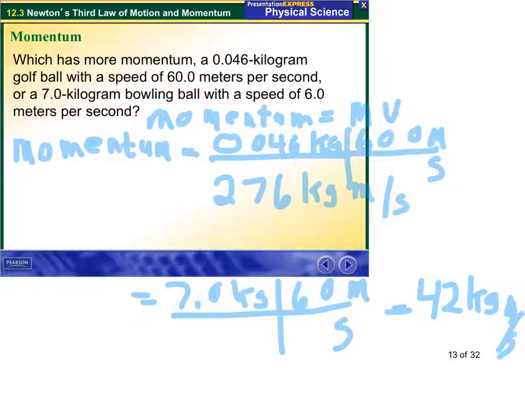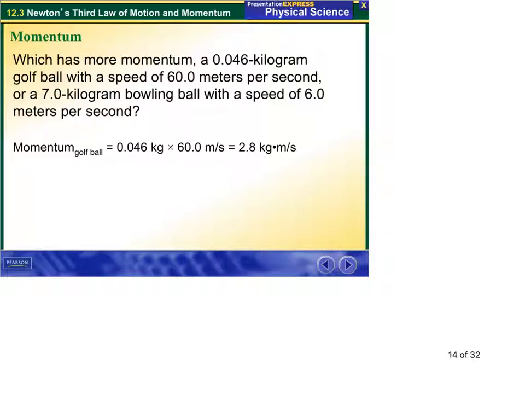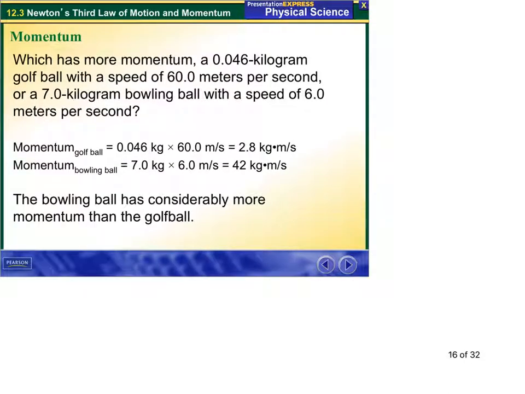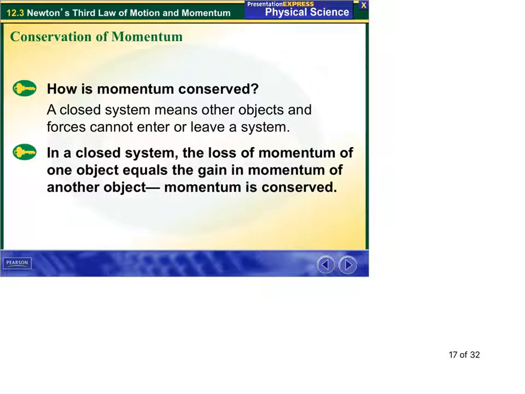So the one with the greater momentum by a lot is the 7 kilogram ball with the speed of 6 meters per second. And here's what the textbook did for their calculations. They rounded to 2.8 and 42, so the bowling ball has a lot more momentum.